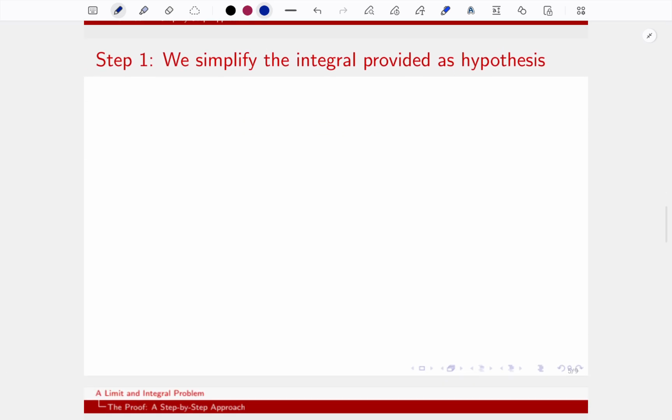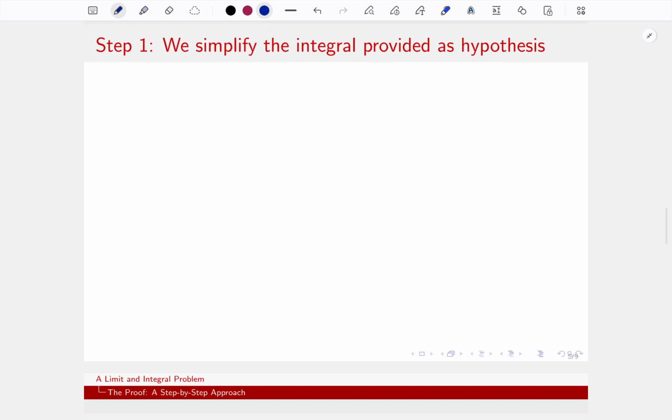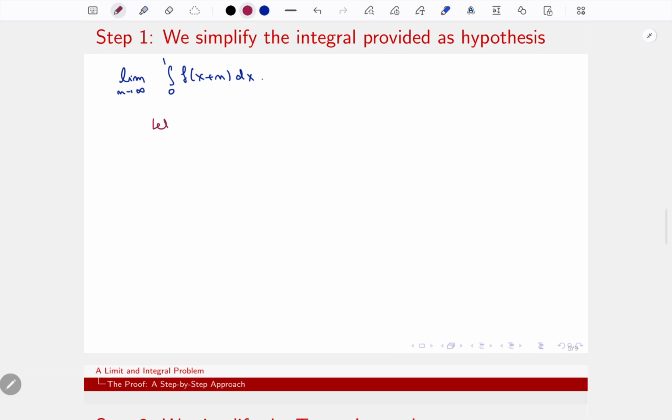The first thing is we would like to simplify the integral provided as the hypothesis. We are given the limit as n tends to infinity of the integral from 0 to 1 of f of x plus n dx. How do we simplify this? Let x plus n be equal to y. This is the simple method of substitution.